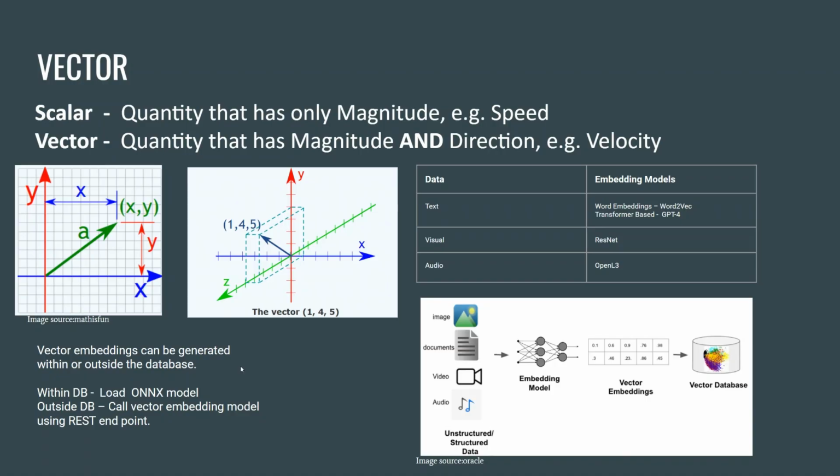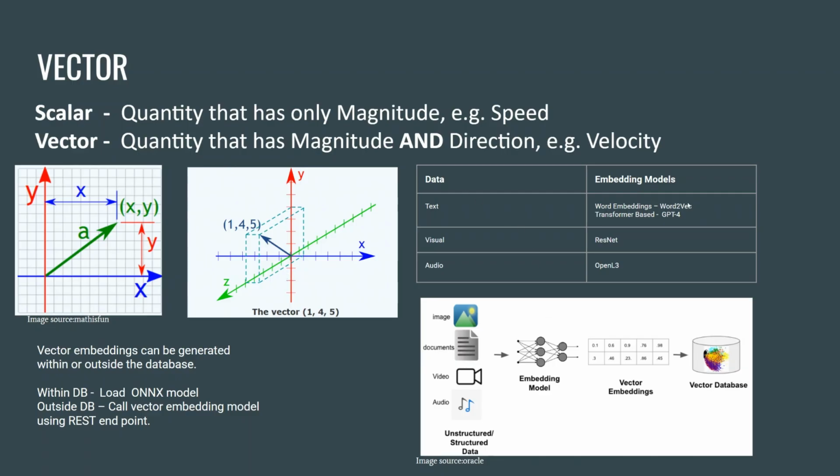You use something called ONNX models, which is Open Neural Network Exchange models, or you can call an external embedding model. Let's say you give it a word, hello. It will create a vector for it, which is just a numerical representation of that word hello. So that is a vector.